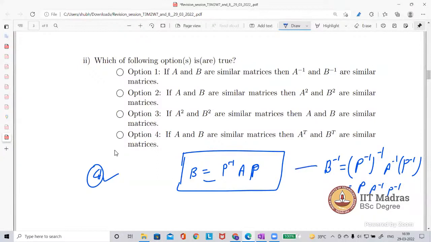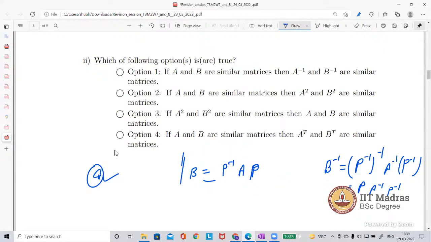How are you concluding this? If you look at the equation they derive, B inverse is equal to P A inverse P inverse, and P and P inverse are inverses of each other, right?